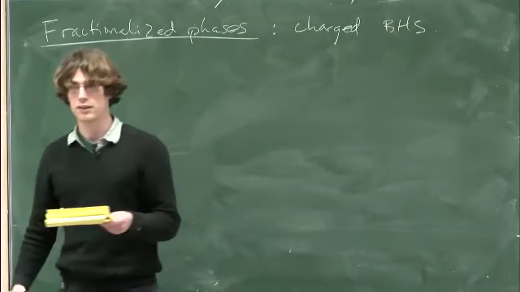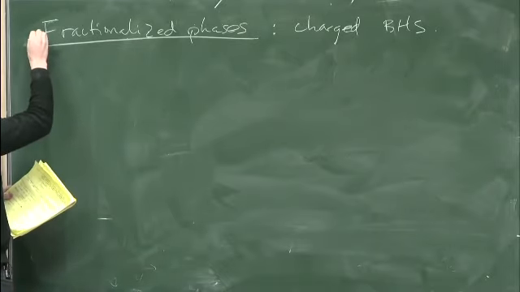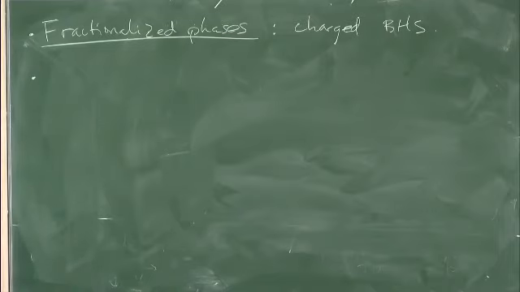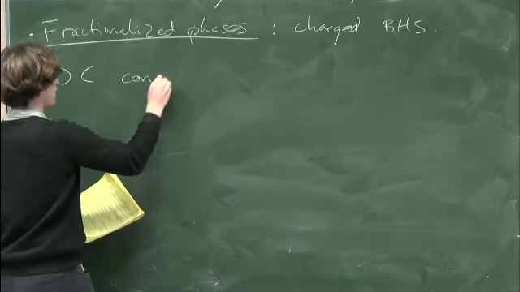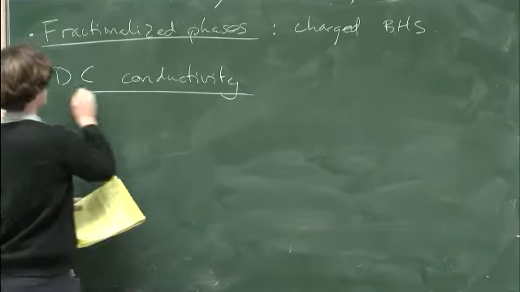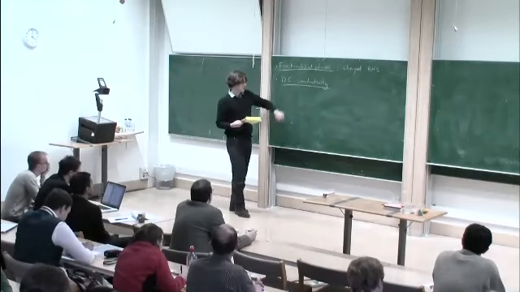And so in particular, for this last lecture, I want to address this question from what might seem like quite a pragmatic, practical point of view, but will have a conceptual undertone, which is, I just want to talk about the DC conductivity in these phases.